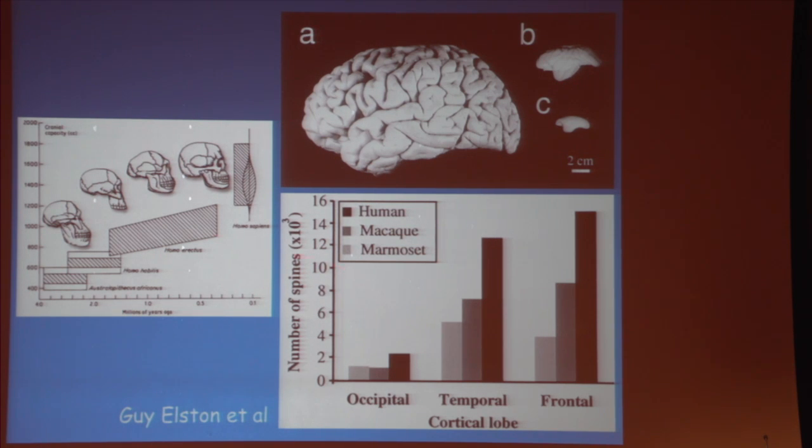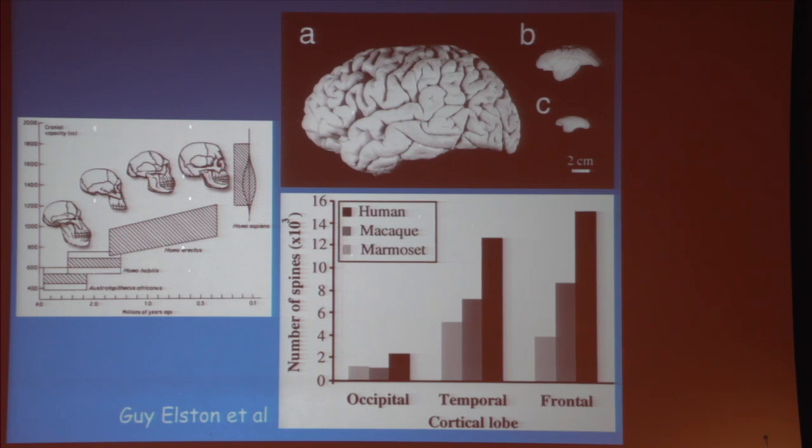But he finds, first, the surprising result that in the occipital lobe, pyramidal cells have many, many fewer connections than in the temporal and frontal lobe, which is an interesting result in itself.